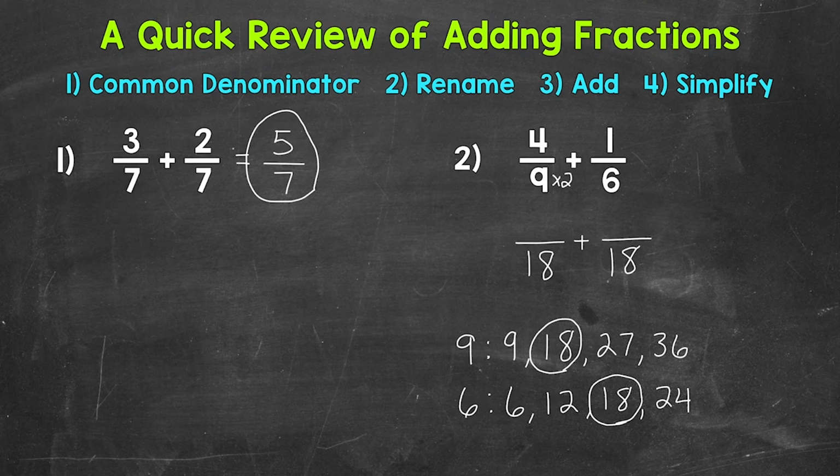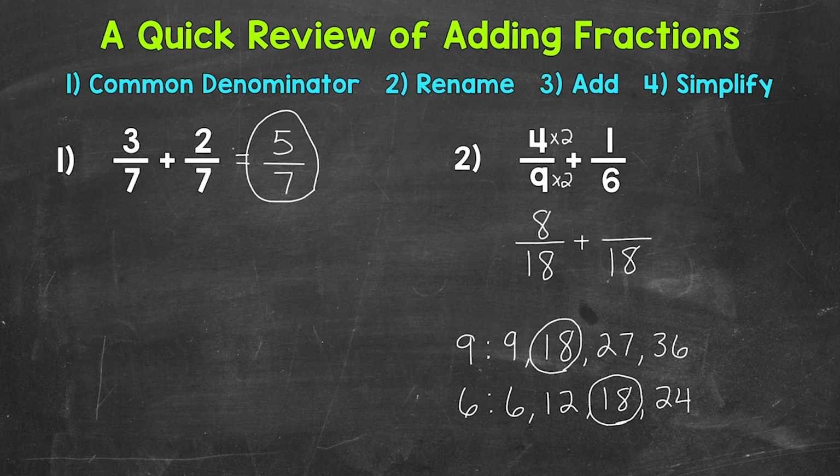Whatever we do to the bottom, we have to do to the top in order to keep this equivalent. So 4 times 2 is 8. 8/18 is equivalent to 4/9, but we renamed that original fraction of 4/9 with that common denominator of 18. So again, we're not changing the value of the problem at all. We're just renaming with that common denominator so we can add.